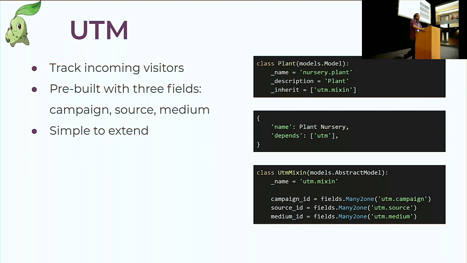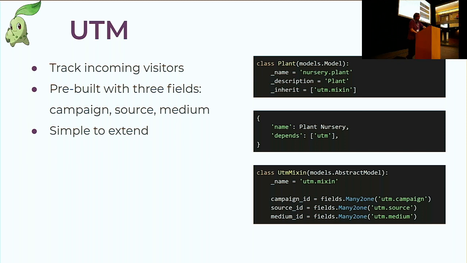And you use them when doing marketing. For example, on Facebook, you are doing a Christmas campaign. So you create a campaign, the source will be Facebook, and the medium will be, for example, a post on the social application, or you just send the link to some people with mass mailing, and you want to define UTM fields on it.